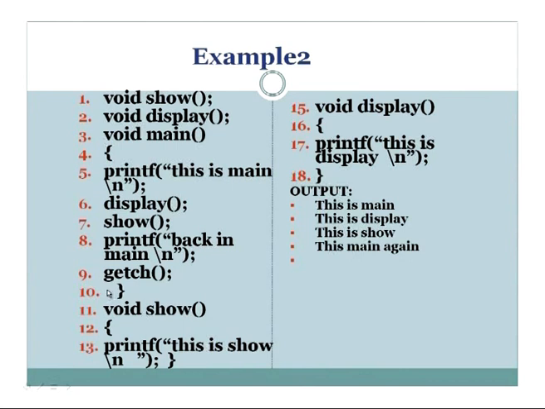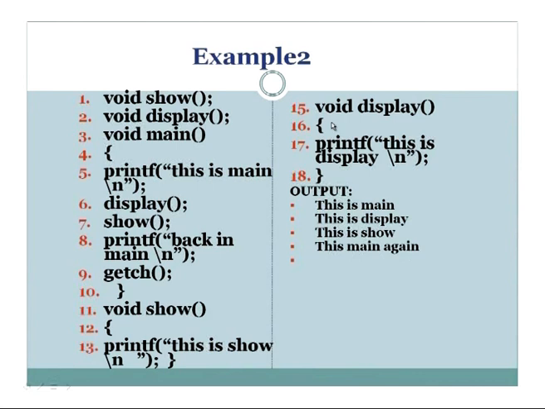Then after the main function, the body of the show function is defined. Still, the body of the show function contains a single statement that displays a message on the computer screen. After the show function, another function has been defined with the name display. You should notice in these examples that the first line, the declarator line of the function definition, resembles the function declaration statement.